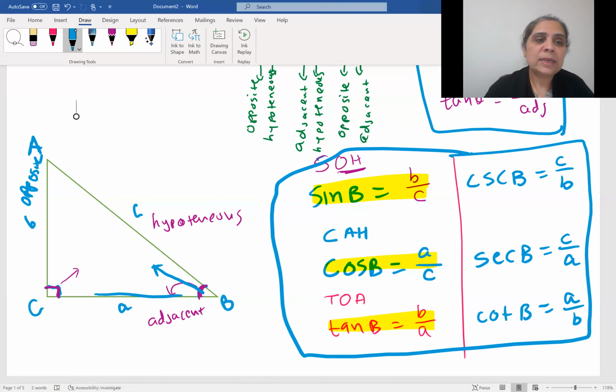I also have to find the 6 trigonometric function values: sine, cosine, tangent, cotangent, secant, and cosecant.